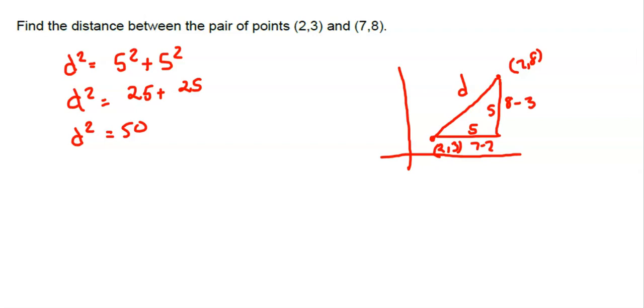So we need to take the square root of both sides of this equation to find that distance. The square root of 50 is the same thing as the square root of 25 times 2, which is 5 times the square root of 2. So that's the distance between our 2 points.